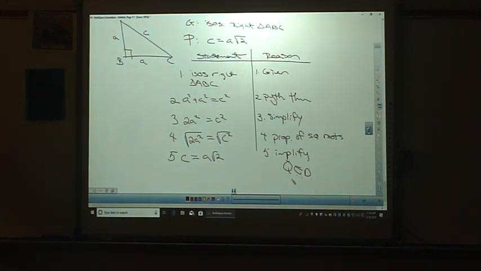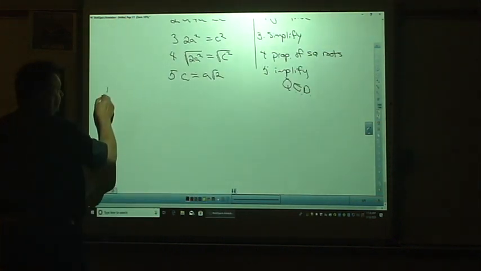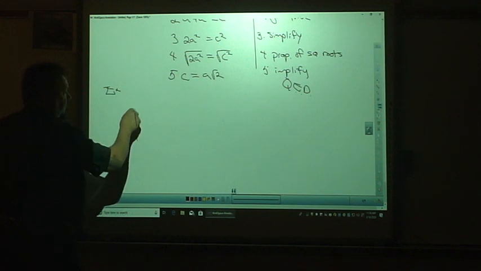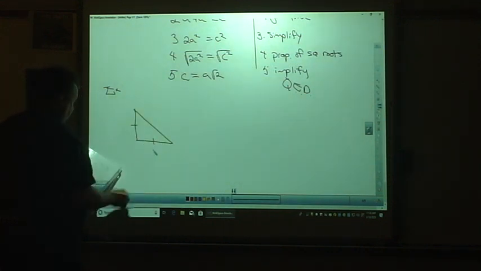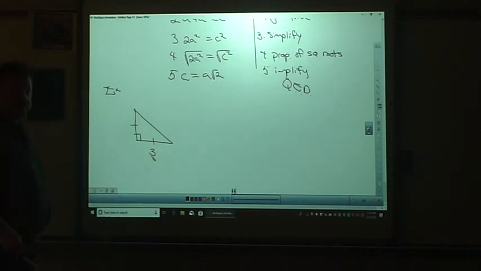So how do we use Theorem 50? Well, like I said, it's kind of a shortcut for finding missing sides of right triangles. The easiest case is, let's say we have a right triangle that's isosceles, and this leg is 3.